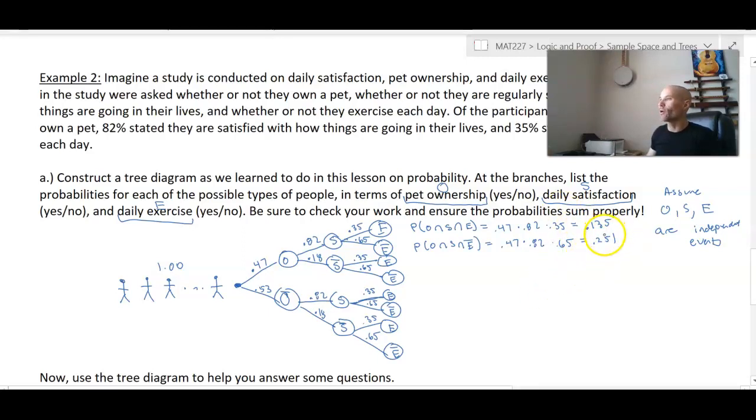So 13.5% of all of these people own a pet and are satisfied and exercise. 25.1% of all of these people own a pet, are satisfied daily, and do not exercise. They have all 3 characteristics. So we'll just kind of repeat this. 0.47 times 0.18 times 0.35.